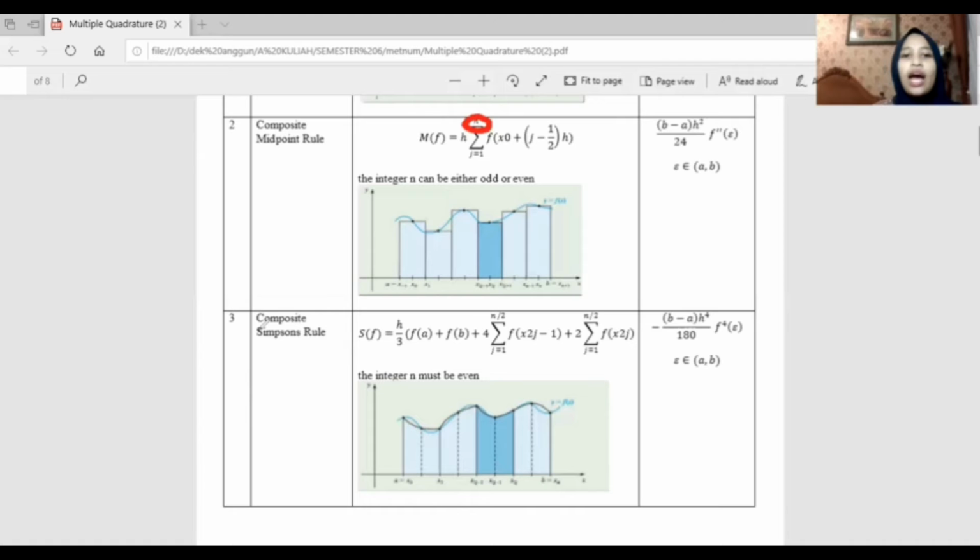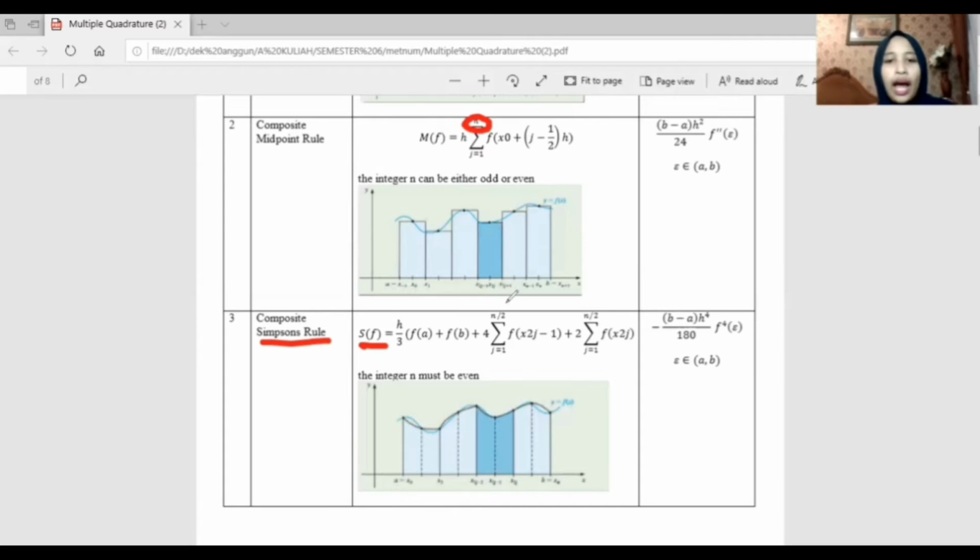And last, we will learn about the composite Simpson's rule. We have the code SF, with SF equals h over 3 times the function of a plus the function of b plus 4 sigma j equals 1 until N over 2 of the function of x2j minus 1 plus 2 sigma j equals 1 to N over 2 of the function of x2j.